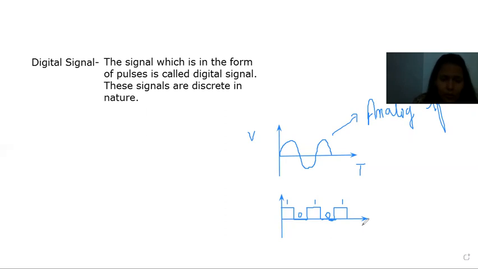So here also, we are using the x-axis for time. 1 means on, 0 means off. So digital signal will be in this form.